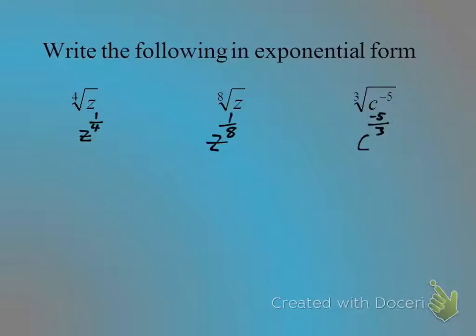Those 2 correlate. Any extra powers are in your numerator. Mr. Main, so if it's like the -5th, will the number next to c or z always be on top? Yep.